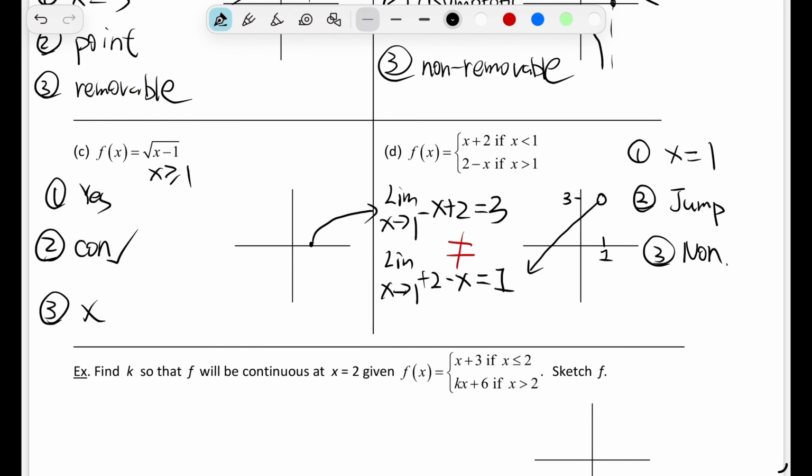When x is larger than 1, the function is 2 minus x, with a value of y equals 1, so there's an open dot at y equals 1. The function 2 minus x roughly looks like this.